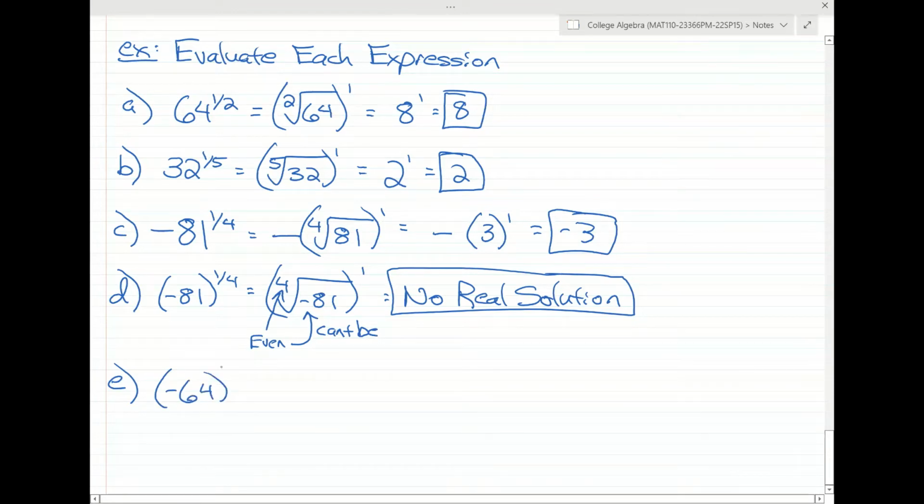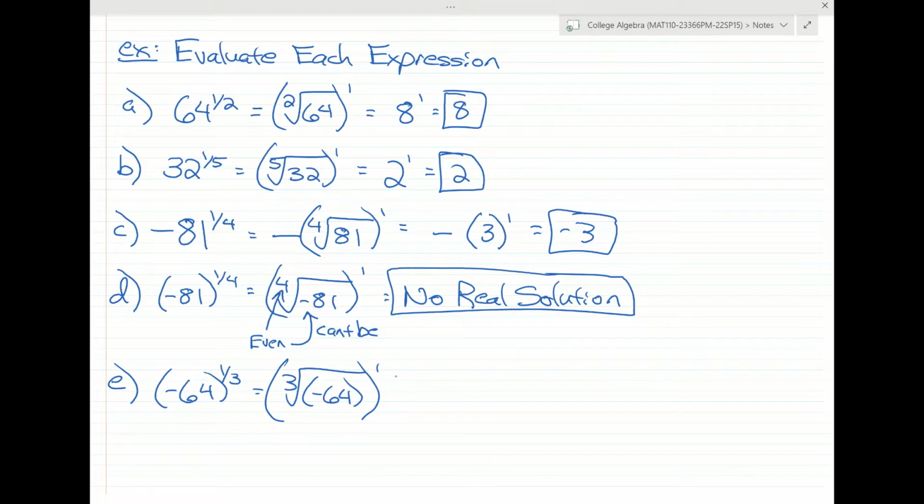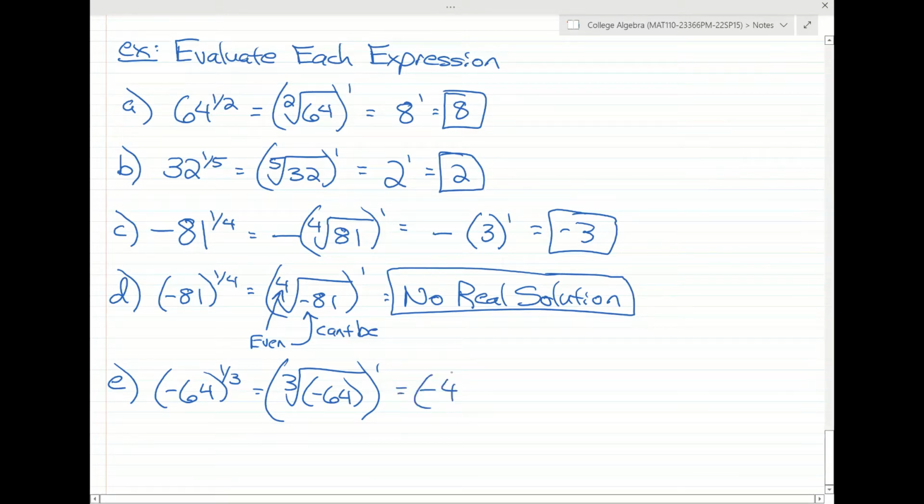Negative 64 to the 1/3 power just means the cubed root of negative 64 to the first. The cubed root of negative 64 is just negative 4. Negative 4 to the first is negative 4.